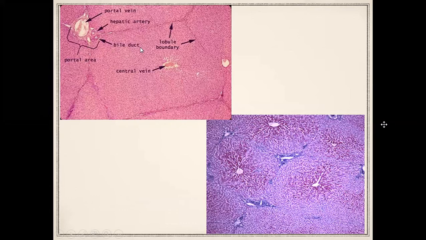So you have a duct, an artery, and a vein, the triad. In the central part of the lobule, you have your central vein. These are your lobular boundaries.